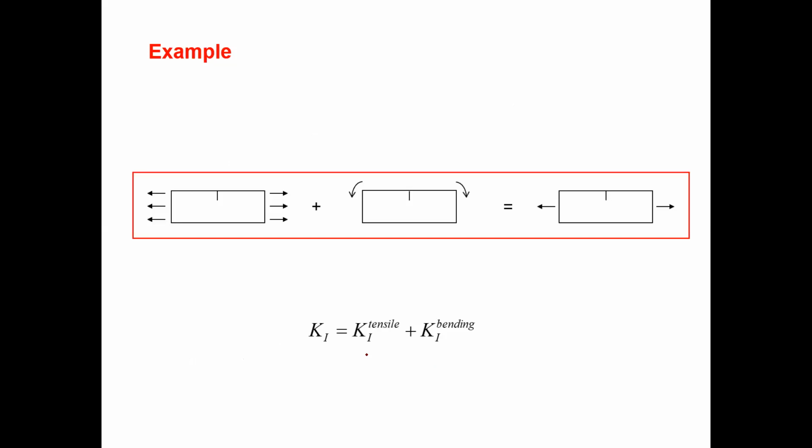Then you can apply the superposition principle, as I told you: KI due to tensile load, axial load, and then KI due to bending load. This is the KI due to the eccentric load, so you get the total KI. You can calculate these separately.